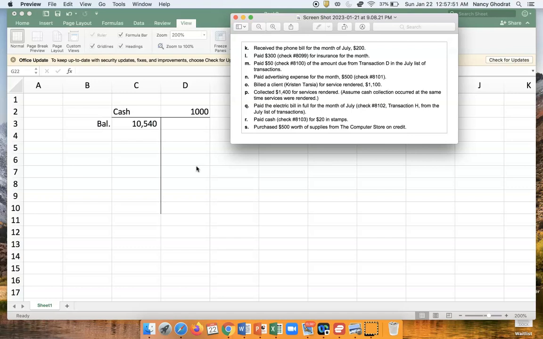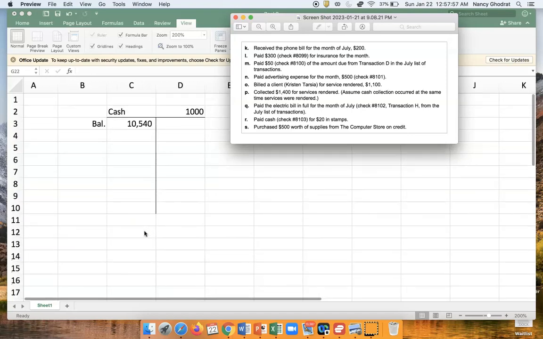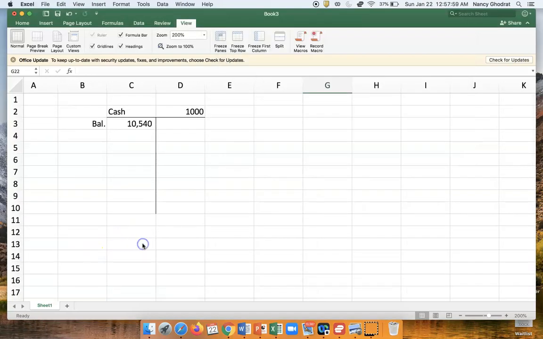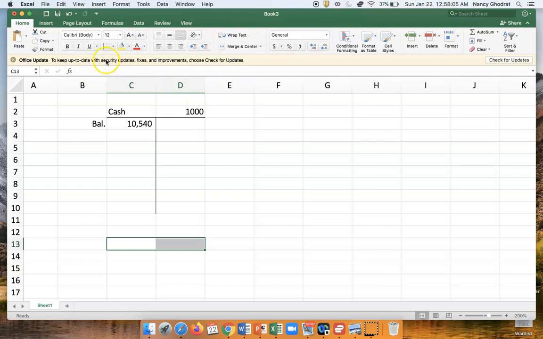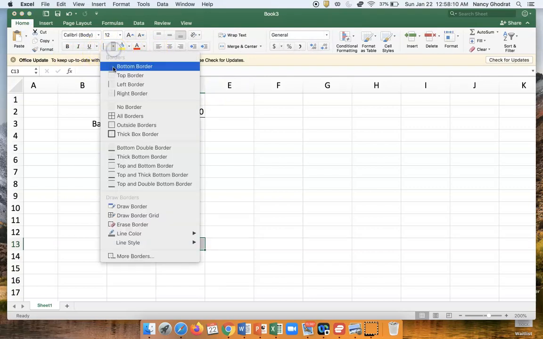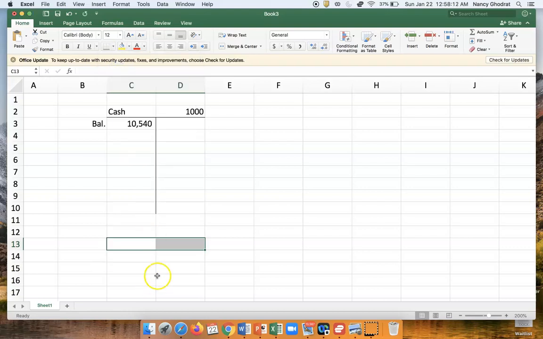That's a liability increasing, and the name of that liability is accounts payable. The problem already shows you a T account for accounts payable, but I'm going to create it in here. Therefore, accounts payable will increase by $200.